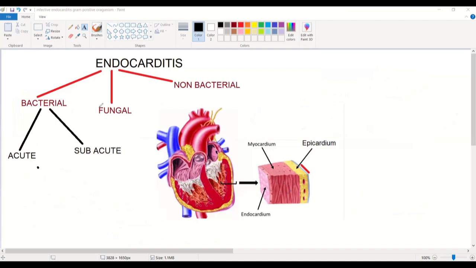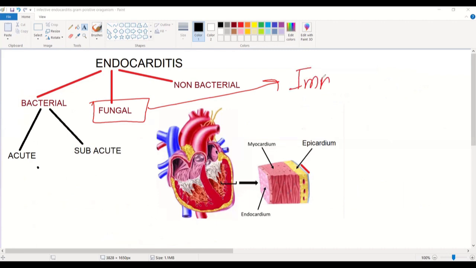Okay. So the fungal, can anybody tell me any fungus that leads to endocarditis? Yes, Candida. Which are the risk factors? Candida, a person who is immunocompromised. Yes. Any other?